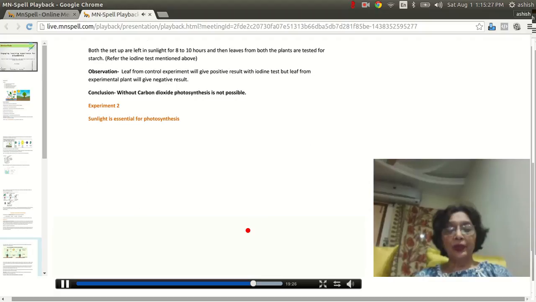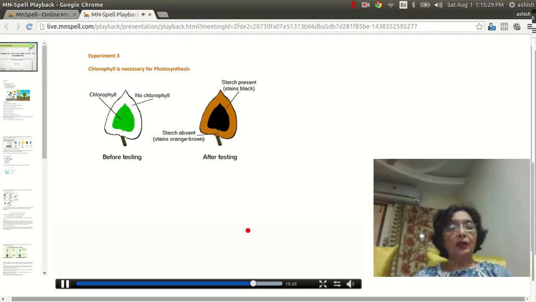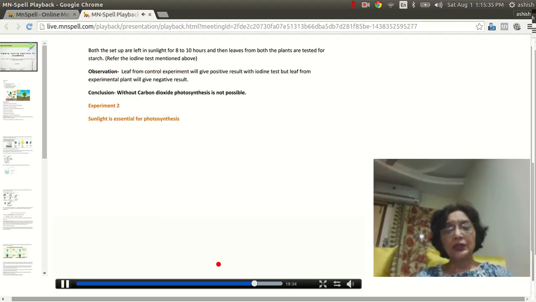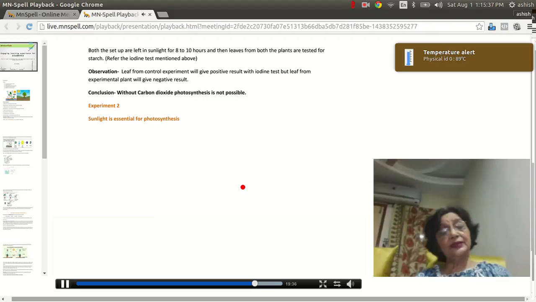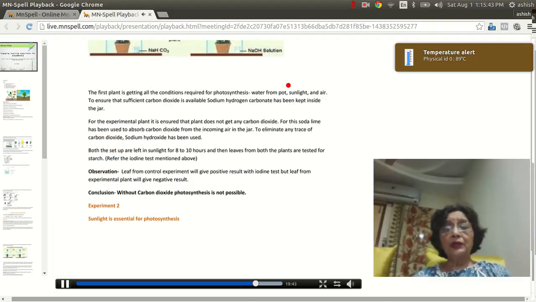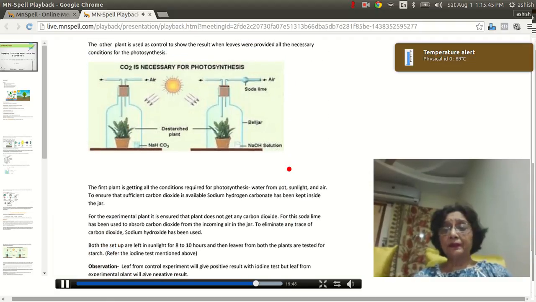Now I am proceeding to experiment number 2. I want to prove that sunlight is necessary for photosynthesis. For this, a plant is taken.